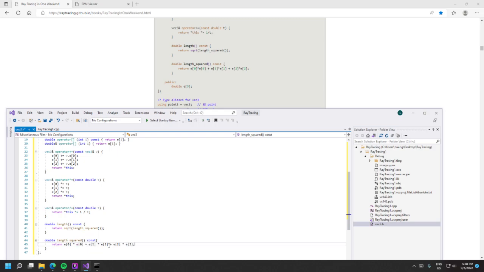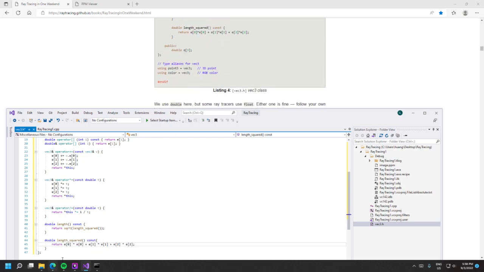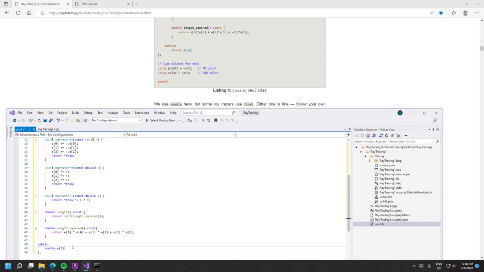Okay, so this is literally the length. Public double E3. I'm having so many typos that I feel like I should just connect my old keyboard to this monitor, but I don't think that's so easy to do.